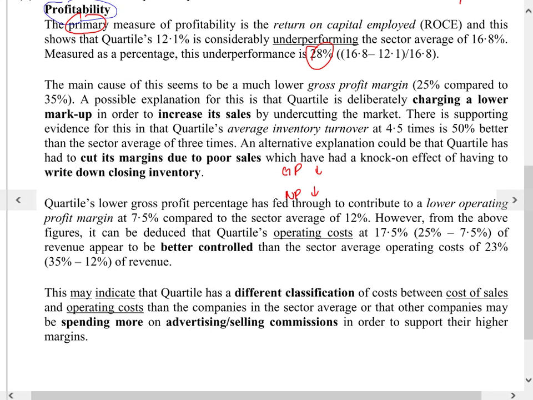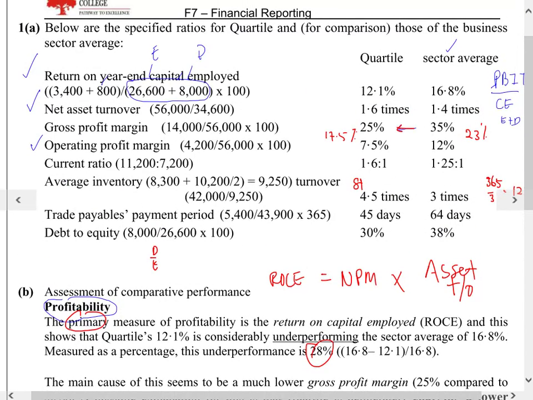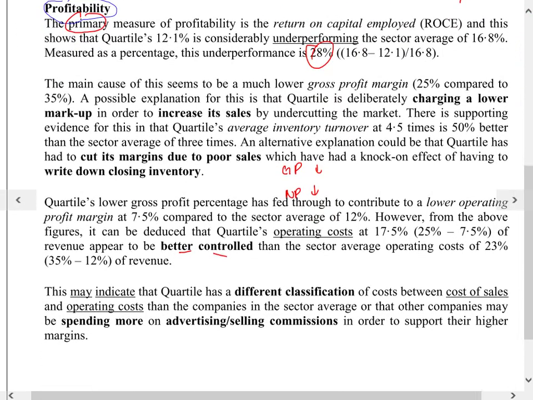Correct? So fed through to lower operating margin, this is just what we can see from the obvious. Why? From the above figures, it can be deduced that operating costs appear to be better controlled. There we did explain 70.5 and 23, better controlled than the sector average. Done. Hit the point.